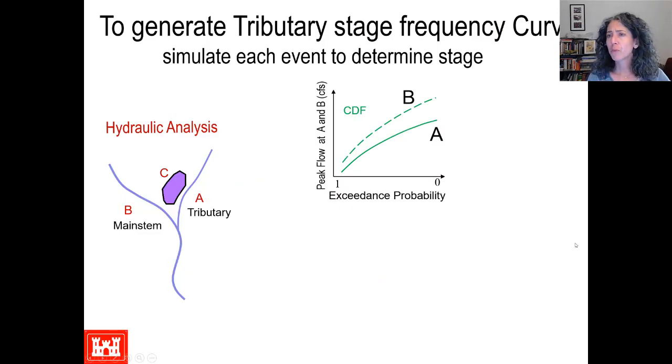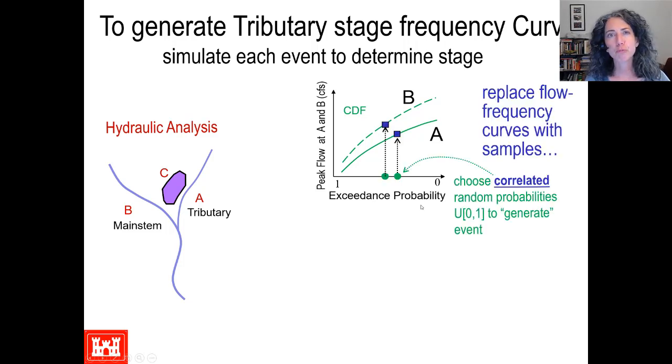So we're back to the tributary stage problem. We're working now with a frequency curve for tributary flow and a frequency curve for the mainstem flow. These are the two probability distributions that I'm going to replace with random samples. So I'm going to generate correlated random values that are uniformly distributed between 0 and 1.